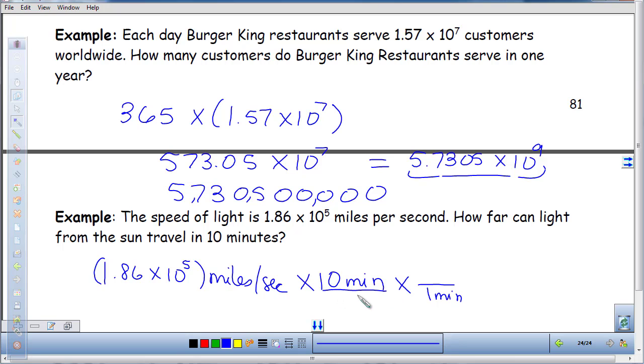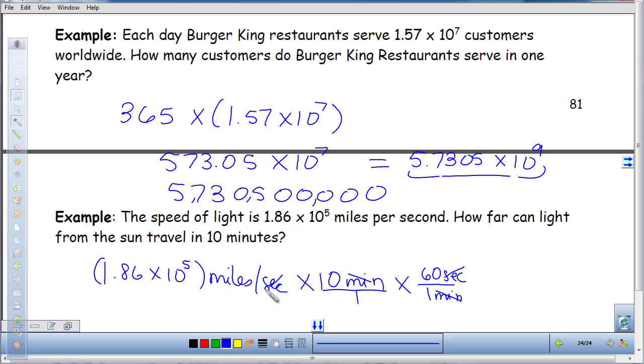We can assume this is over 1, and I'm going to want minutes to cancel, okay, is equal to what? 60 seconds, right? Okay, and so the seconds also cancel. And so what am I going to be left with? Just miles. Okay, so that's how I know that that works out fine.